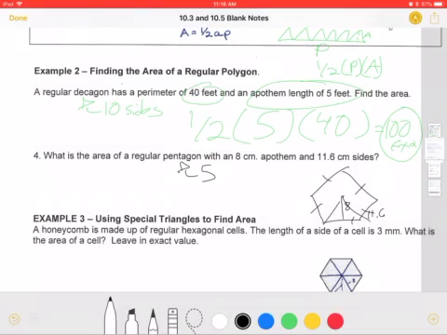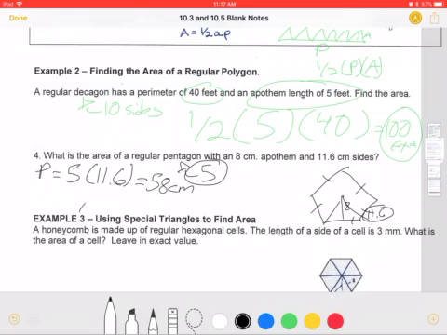So if we take this further, it's as if we have how many versions of this 11.6? Well, we know that we have 5 sides, 5 versions of 11.6. So this is going to be our perimeter. So what would this be? 58? 58 centimeters for our perimeter.